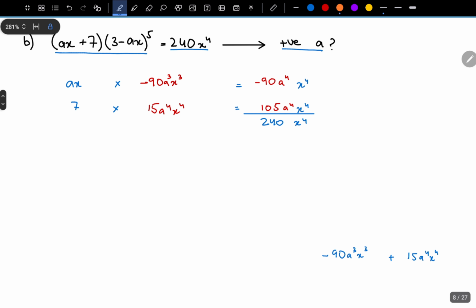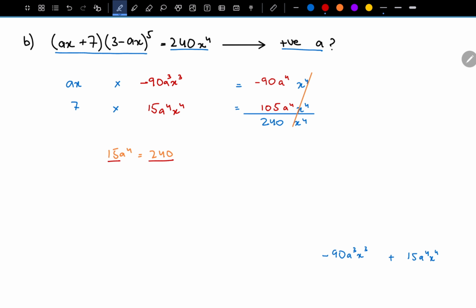We can cancel out the x values, and simplifying this will give us 15 a to the power of 4, which is equal to 240.